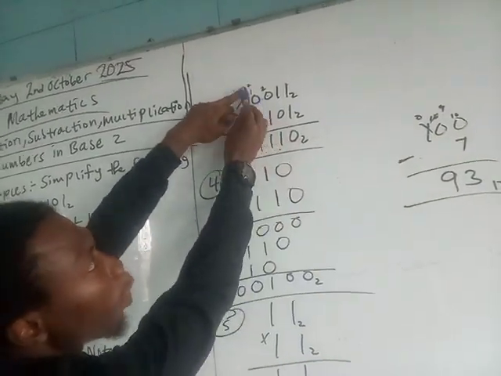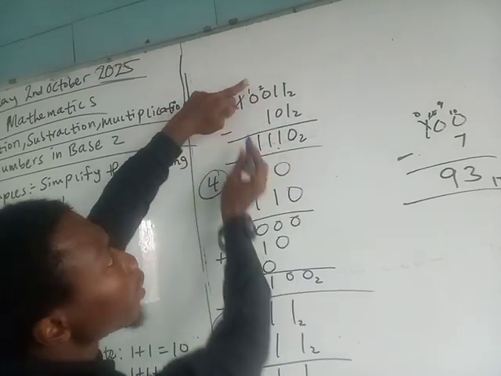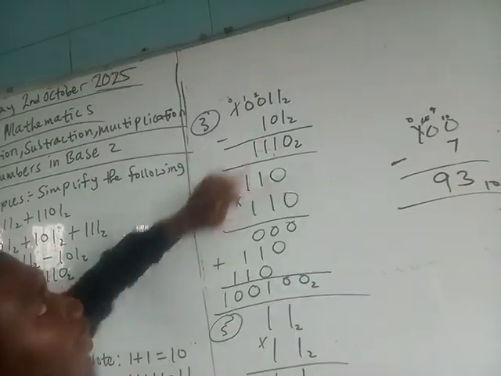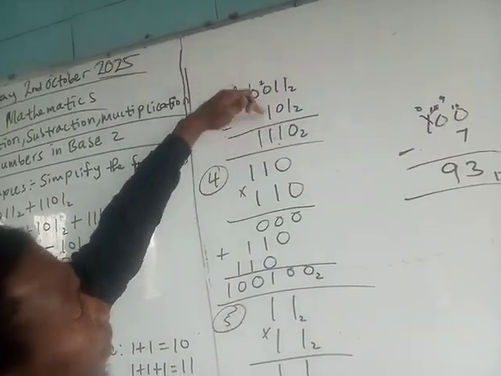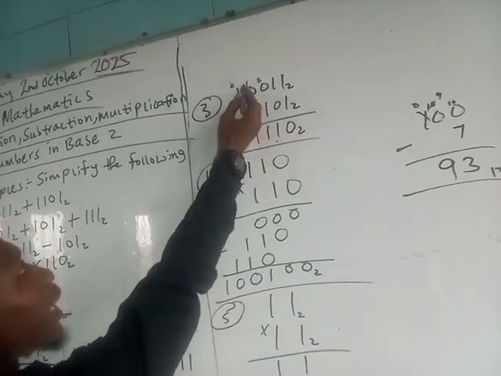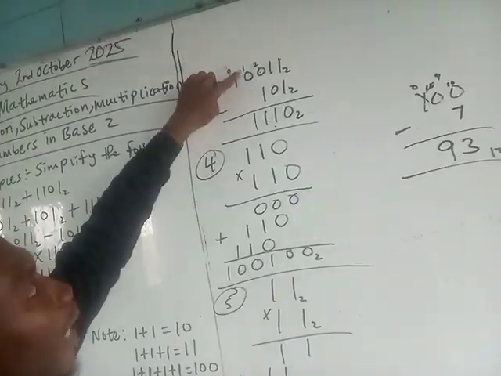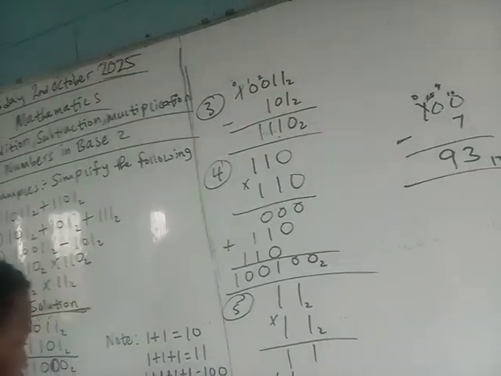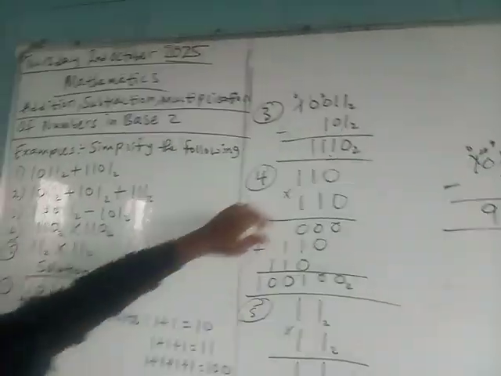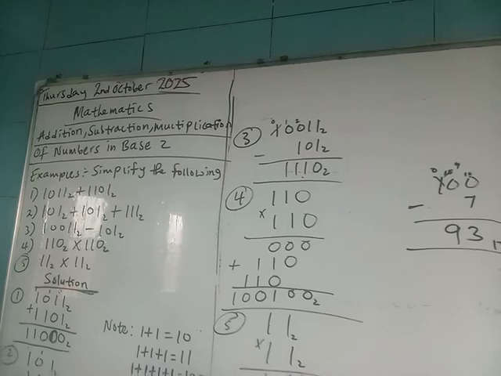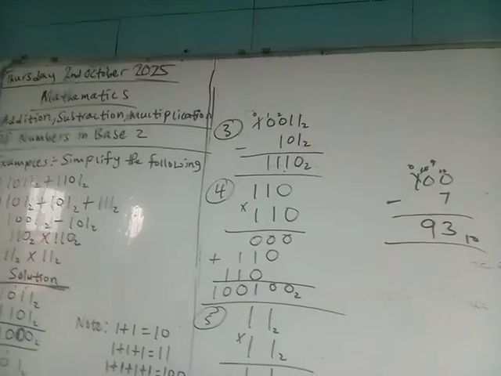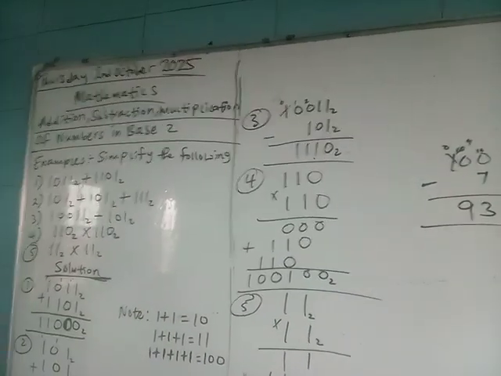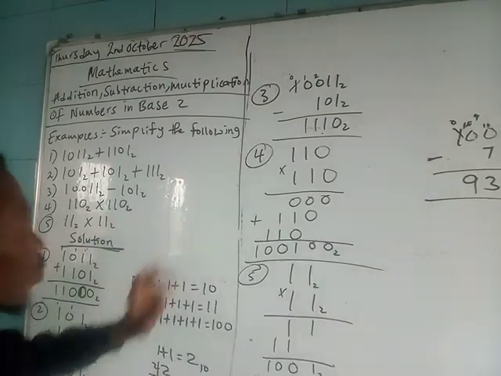Then here will remain 1, and here will be 2. So 2 minus 1 is 1. Then 1 minus nothing is 1. So for the subtraction, the answer will be 1110 base 2. That's how to do subtraction of numbers in base 2.